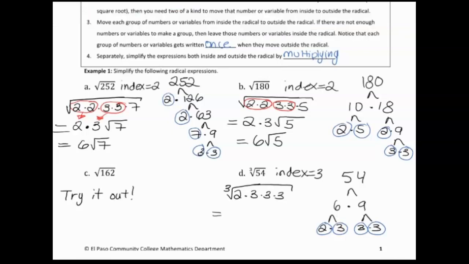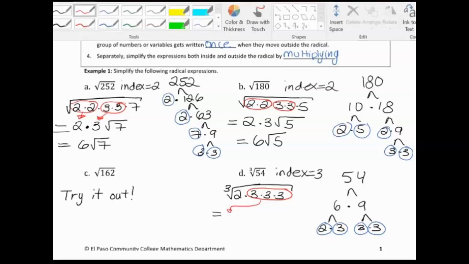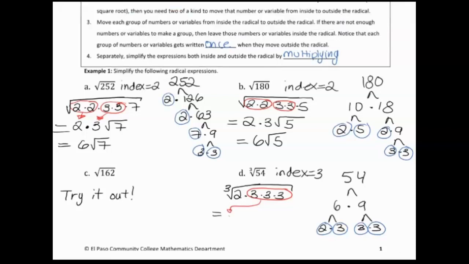So in this case, I have a group of 3 of 3s. And remember, we're going to take it out once, only once. So I'm going to write 3, and then we write our radical symbol with our index. And I have a 2 left inside. This is my final answer.